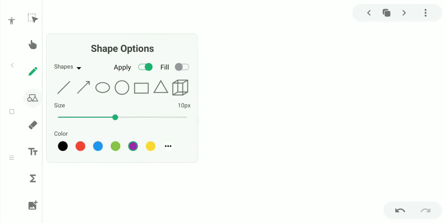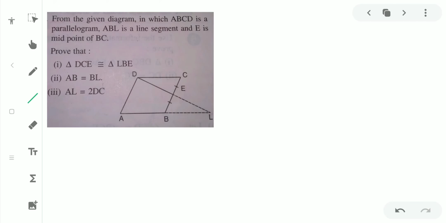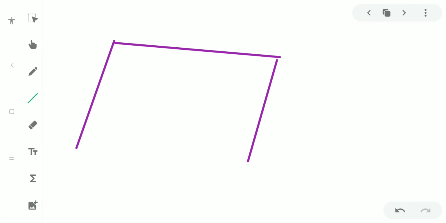So I have a parallelogram and a line segment is drawn from here. So this is the line segment. And I have AB, an extended line. So this is the parallelogram.